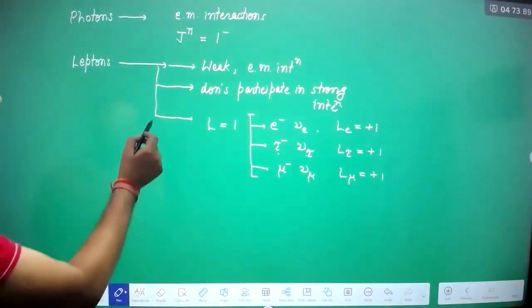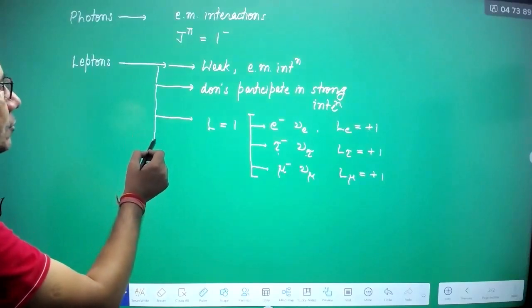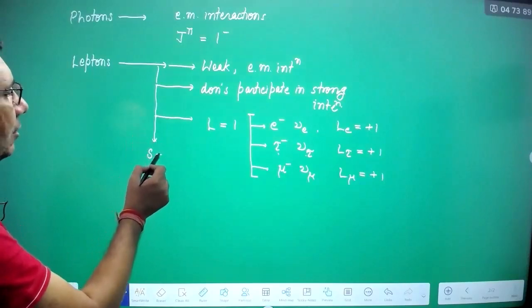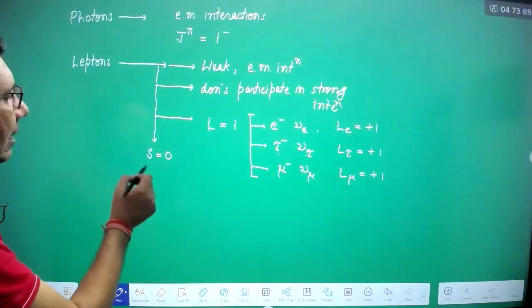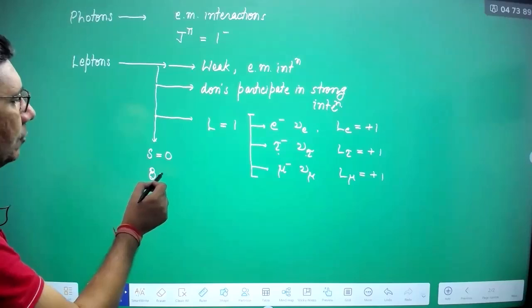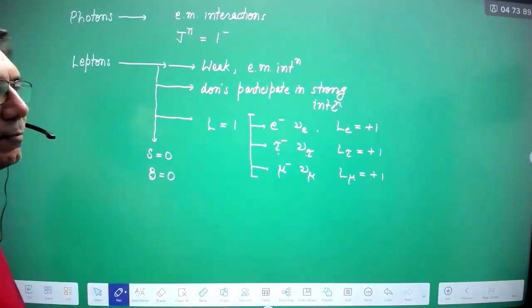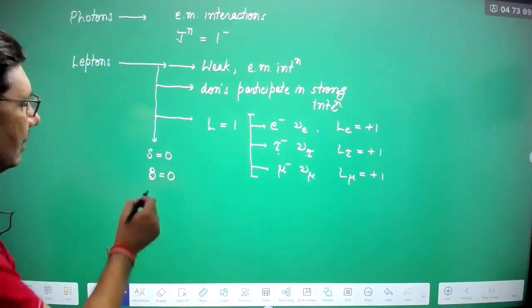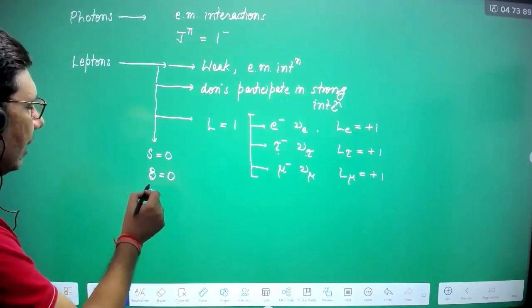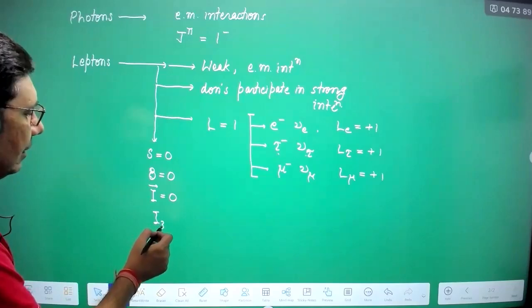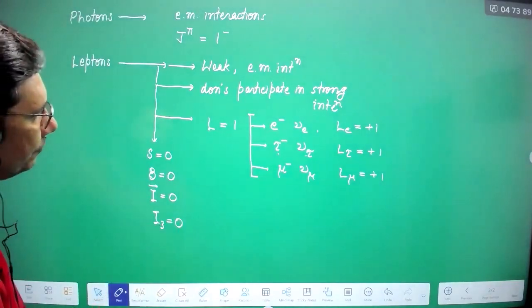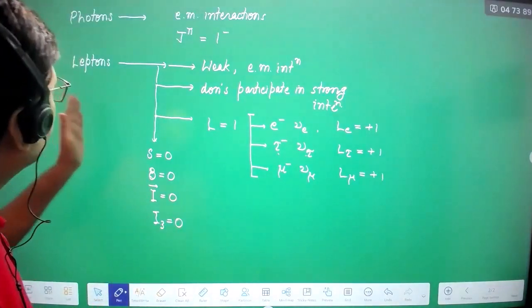If you look at other numbers for these leptons, strangeness number was 0 for all of them. Because they are leptons, not baryons, baryon number is 0. They don't participate in strong interaction, so isospin number I is 0, as well as I3, that is also 0.